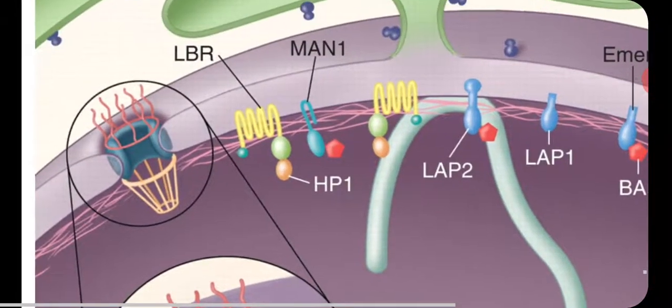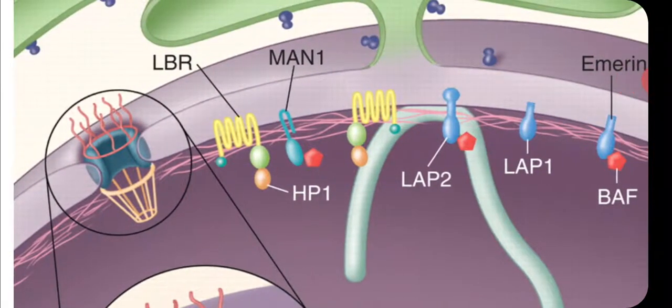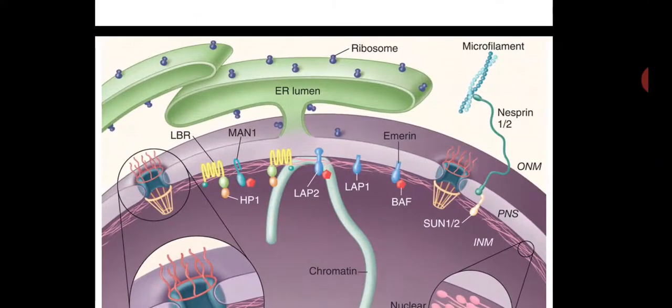So this is the nuclear pore complex, which is present across the nuclear envelope, connecting the inner and outer membranes. The nuclear pore is a complex of proteins, about 50 different types of proteins participating in its structure.